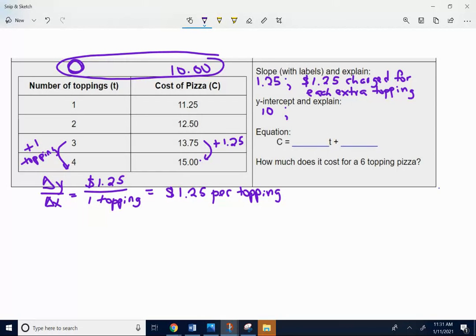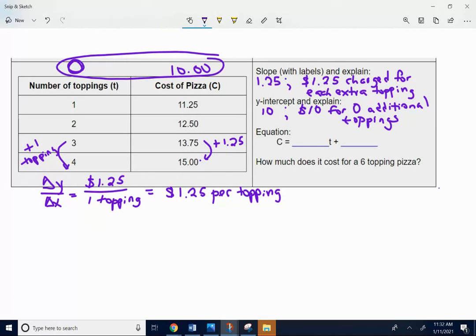And what that means is it's going to cost $10 for a regular pizza with 0 additional toppings. So you had nothing extra on that pizza. That's going to be a charge of $10. Y-intercept is the initial amount.